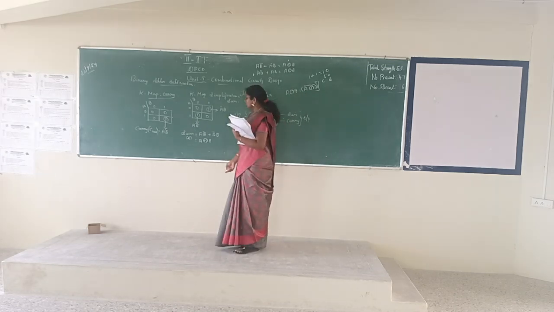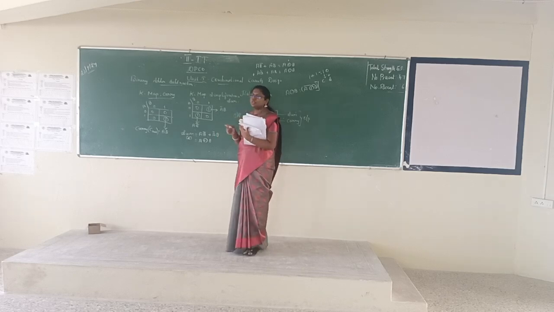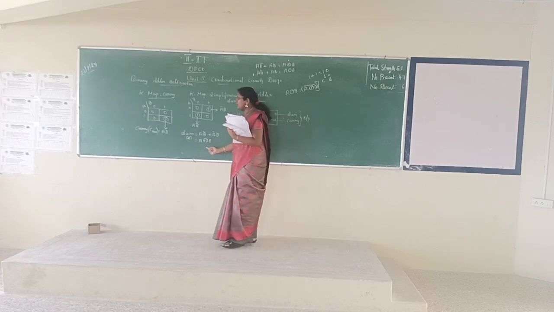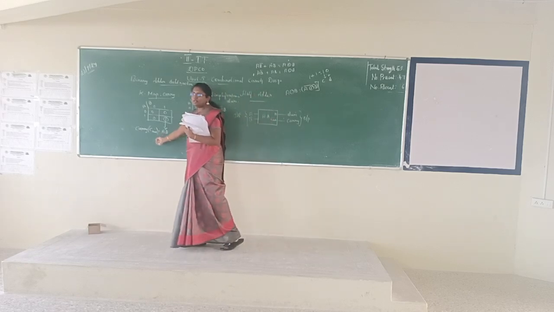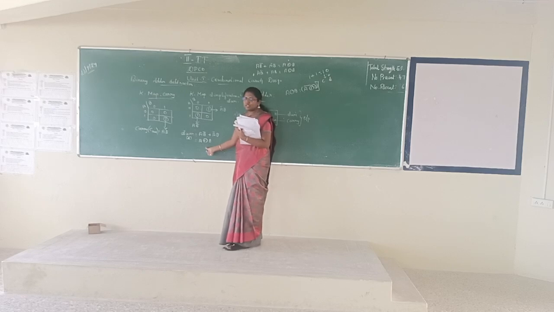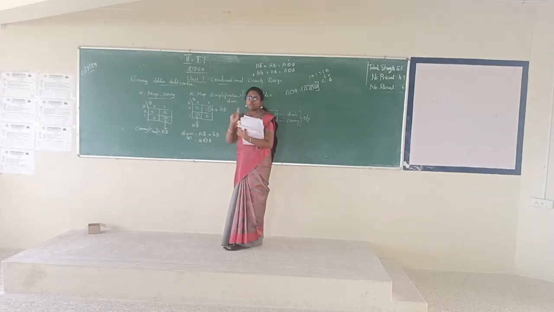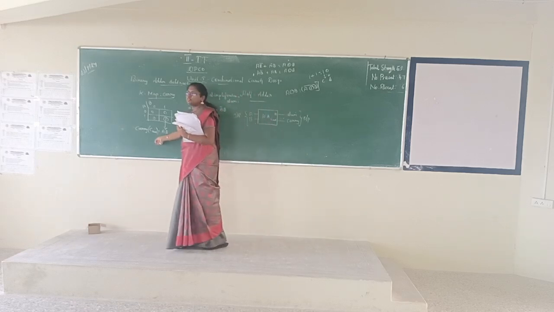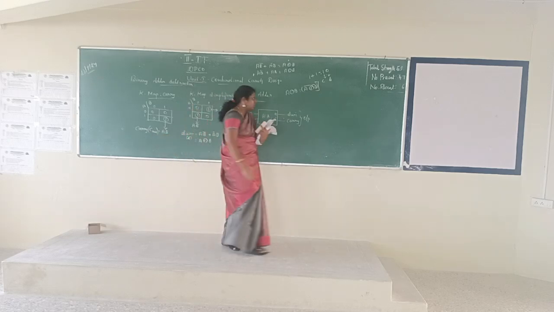Next, we are going to draw the logic diagram for half adder. This is for sum and this is for carry. We are going to use a 2 input XOR, and then an AND gate.